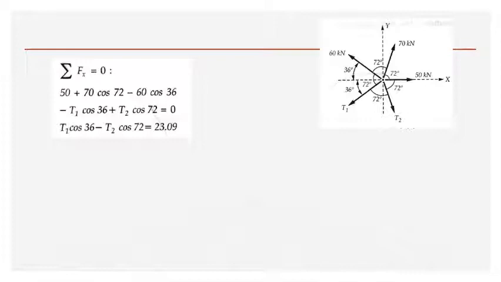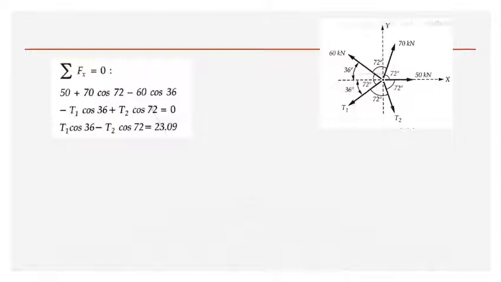With the horizontal it makes, because they are equally spaced, 72 by 2, that makes 36 degree. Okay, so we have to consider the angle of inclination either with horizontal or vertical, remember.